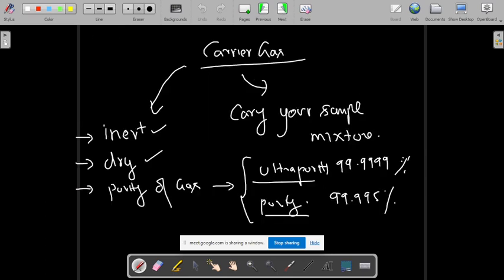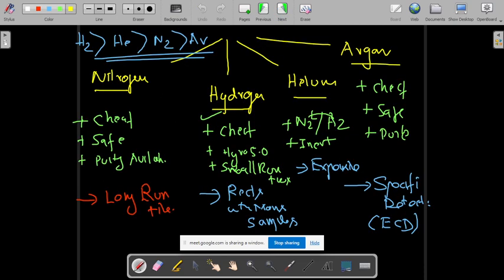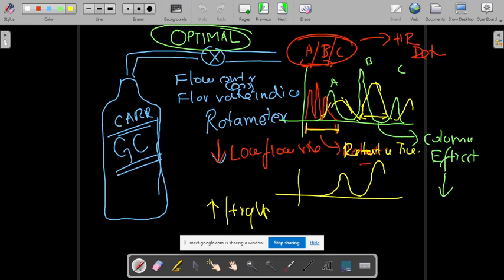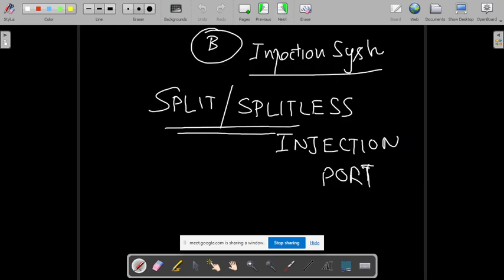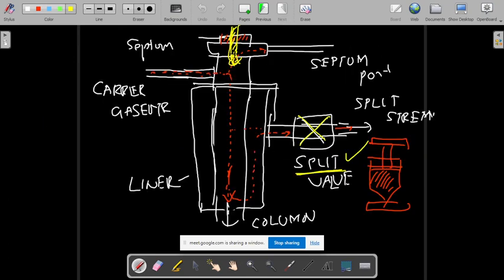We saw the nature of the carrier gas, the choices for carrier gases, and the effect of the flow rate, so why it is necessary to give the optimal flow rate of your carrier gas. We also saw the different types of filters employed, which eventually lead into your second part, namely the split and splitless injector. We'll start next class from this point.